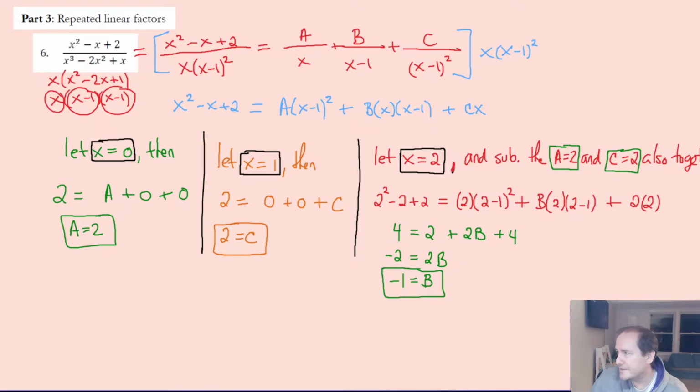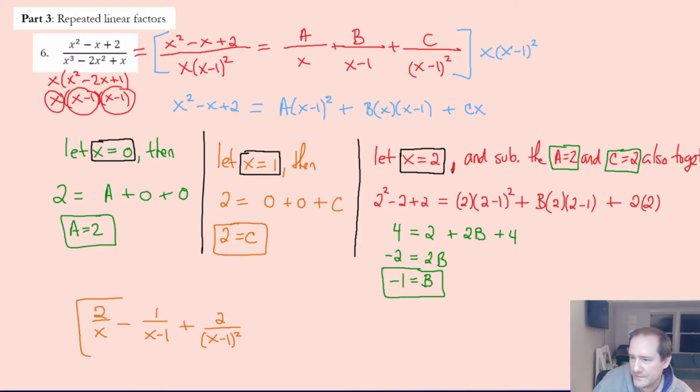So our final answer then is going to come from, again, this decomposed thing. So A is 2, so we'll have 2 over x. And B is negative 1, so it'll be minus 1 over x minus 1. And then it'll be plus 2 over x minus 1 squared.